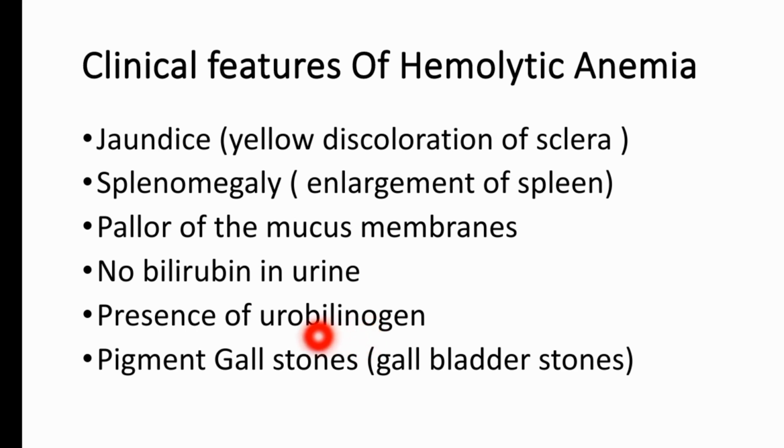It is basically a colorless compound, and it turns the urine dark on standing. As I told you before, it is a colorless compound, but when it is exposed to light, it converts into urobilin, which is a dark, highly colored compound, which gives the urine its dark appearance after some time. So urobilinogen is responsible for the dark coloration of the urine, which is usually seen in hemolytic anemia cases.